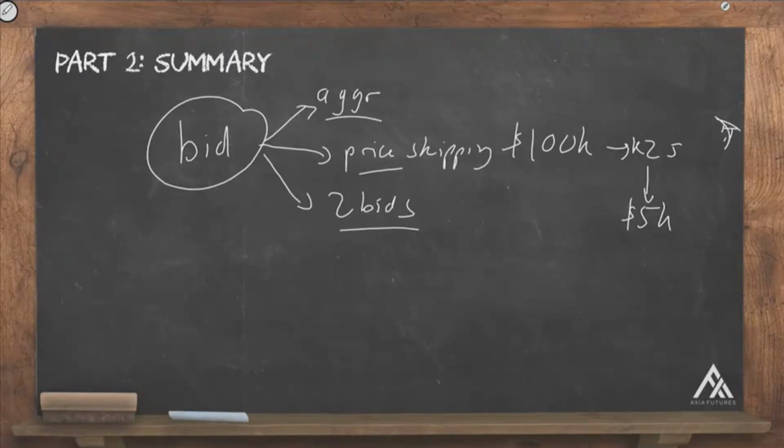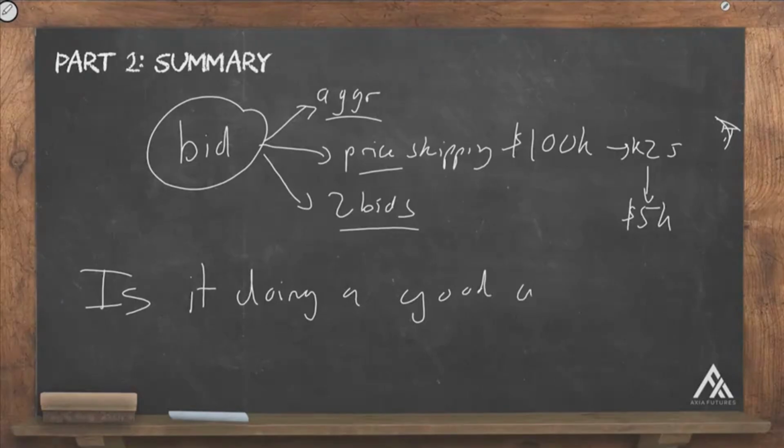Remember, guys, the objective of the market, the purpose that we have these markets, is to facilitate trade. So what you must ask yourself whenever you look at a market is, is it doing a good or bad job?